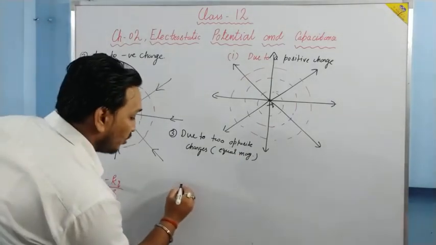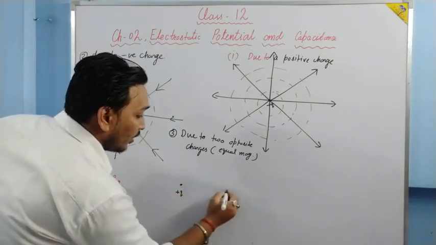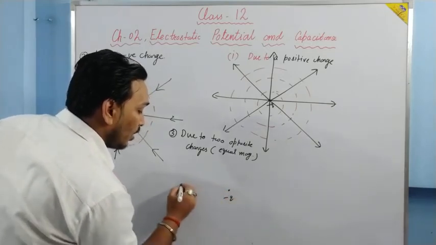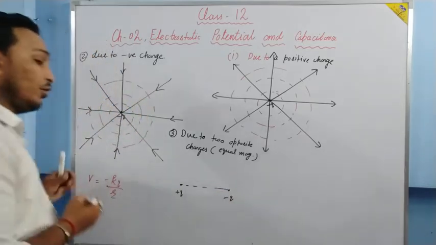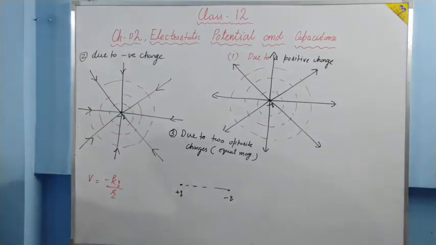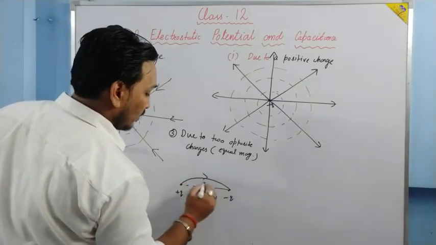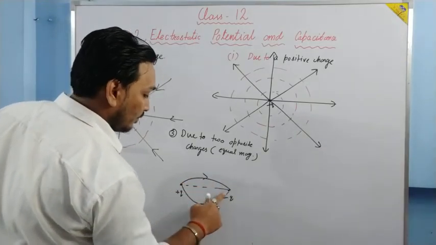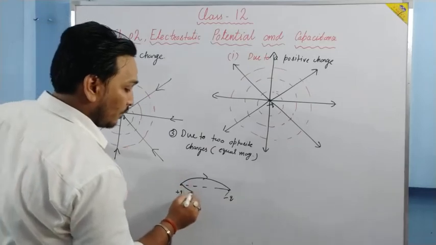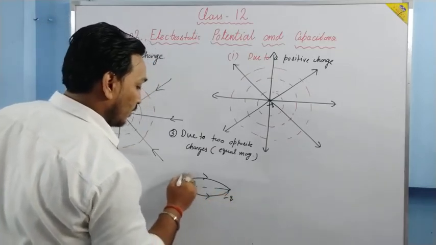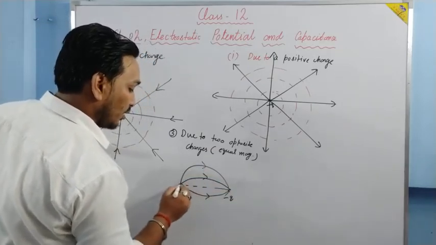Here it is plus Q and here it is minus Q. How will the equipotential surfaces be drawn? How are the electric fields drawn? Electric fields are drawn like this. This is the electric field configuration we have studied in chapter number 1.